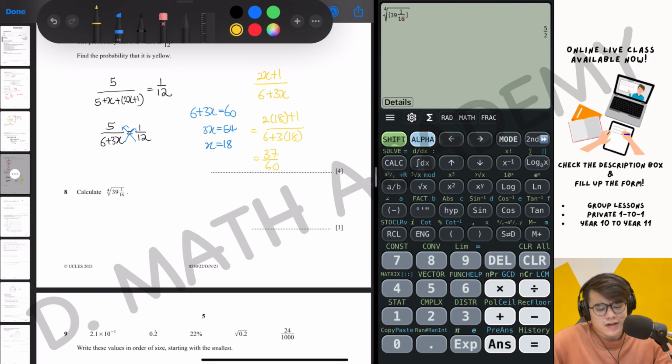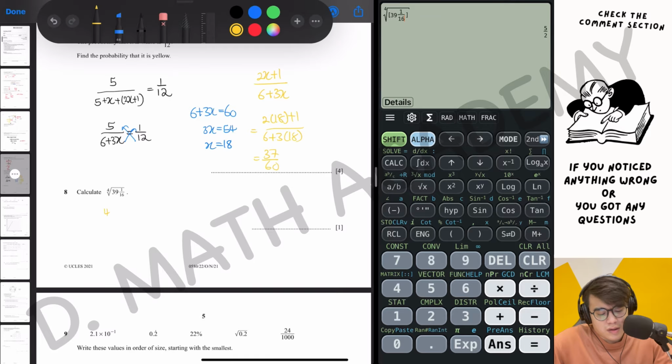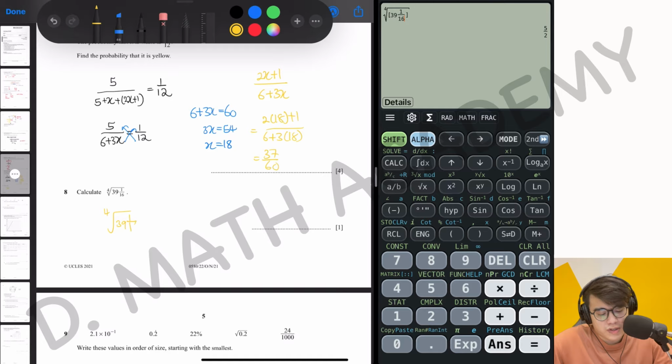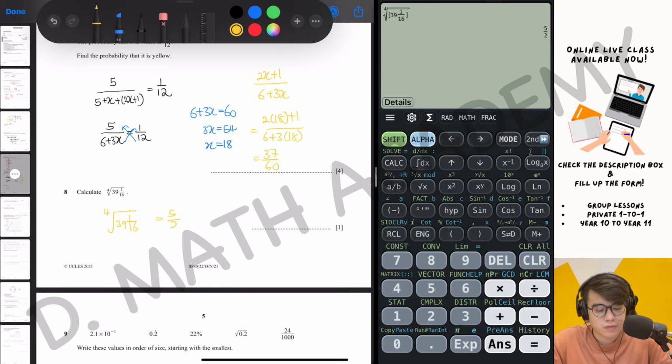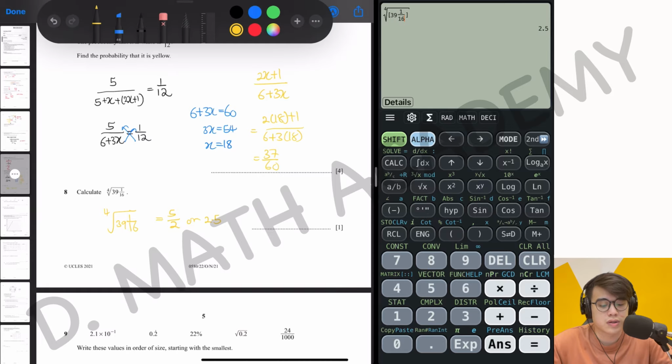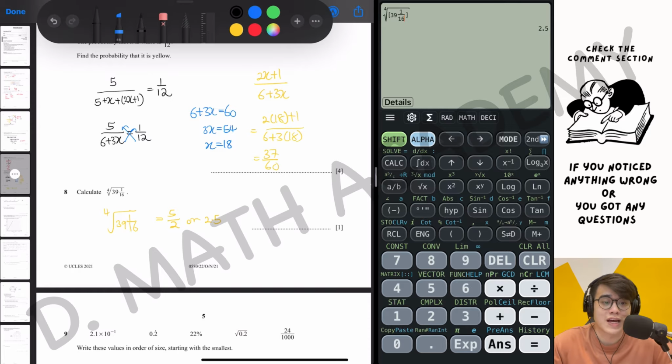The arrangement of it is slightly weird. If they were to key into the calculator, they should make the 1/16 bigger, else it will create unnecessary confusion here. So we get it as 5/2, which you can write as 2.5 if you want. Both should be acceptable here.